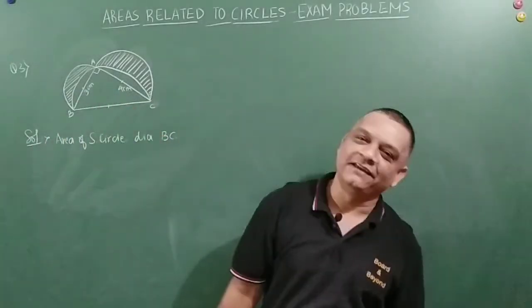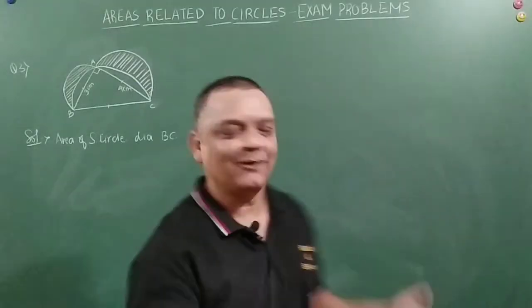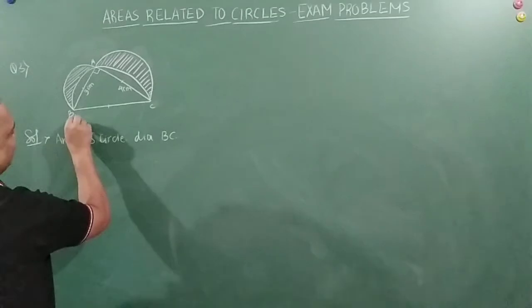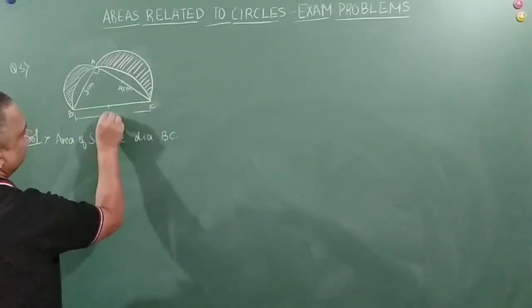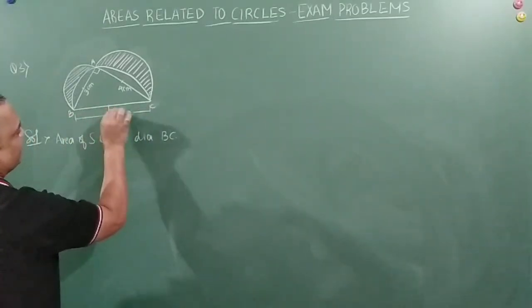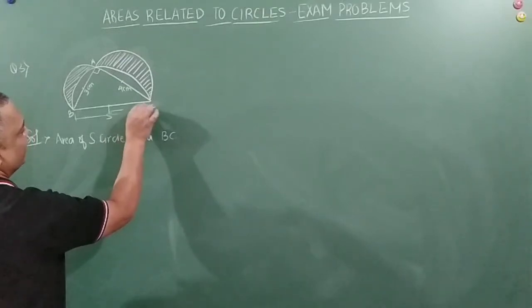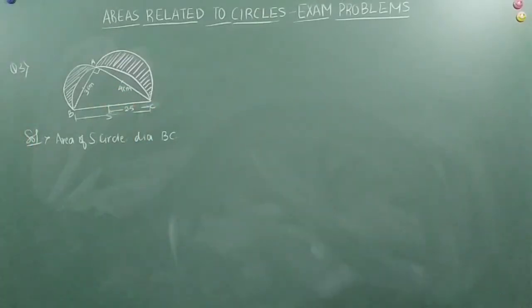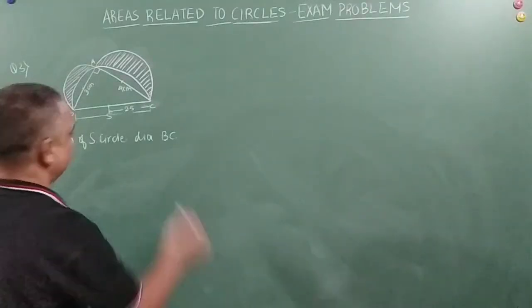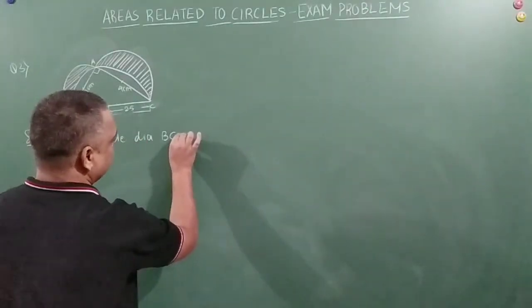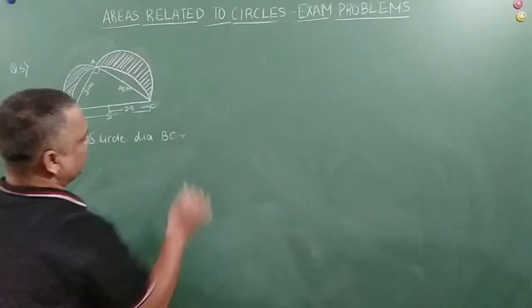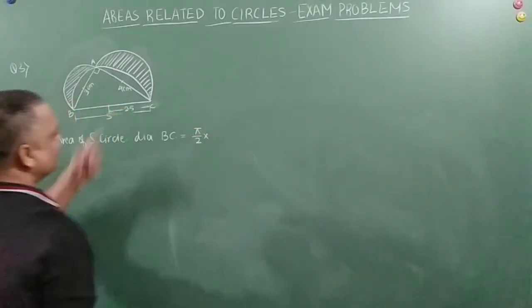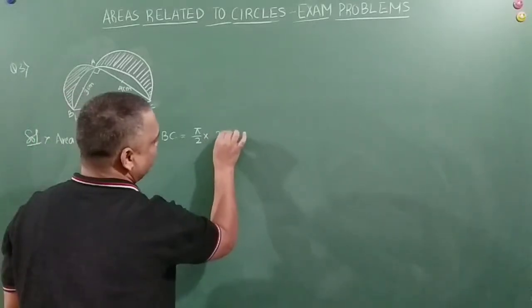Hypotenuse will be 5 using Pythagorean triplet or Pythagoras theorem, right? So this complete is 5. So this from here to here is 2.5. Correct? All dimensions in centimeter, friends. I am not writing it. So semicircle, how much it will be? Pi by 2 into r square, that is nothing but 2.5 into 2.5.